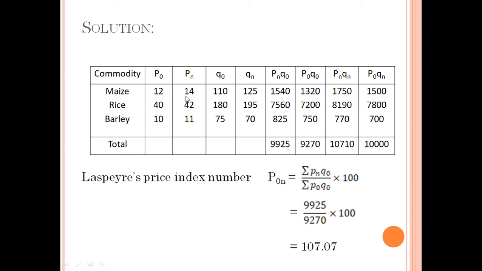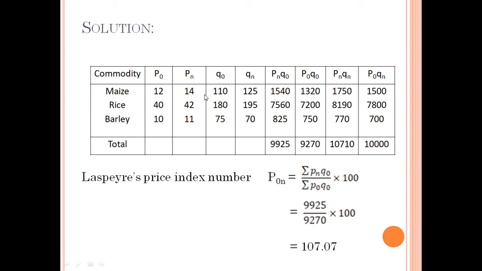So by multiplying 14 by 110 we get 1540, and then by multiplying 42 by 180 we get this value, then 11 by 75 we get 825, and after taking sum we will put this sum here. And for the denominator P naught Q naught, we will multiply this value with Q naught.